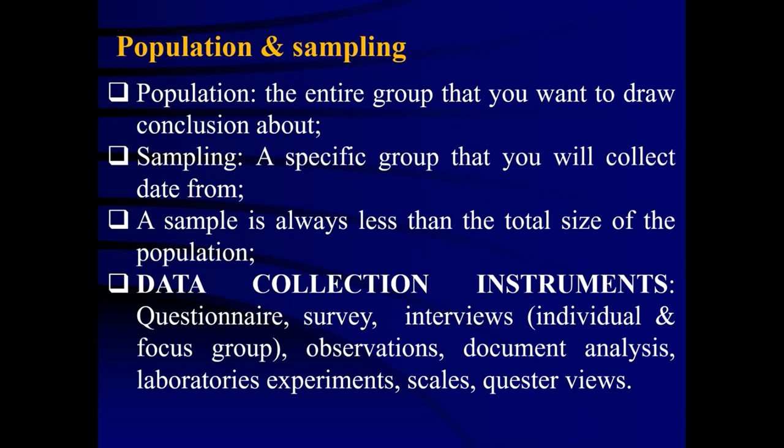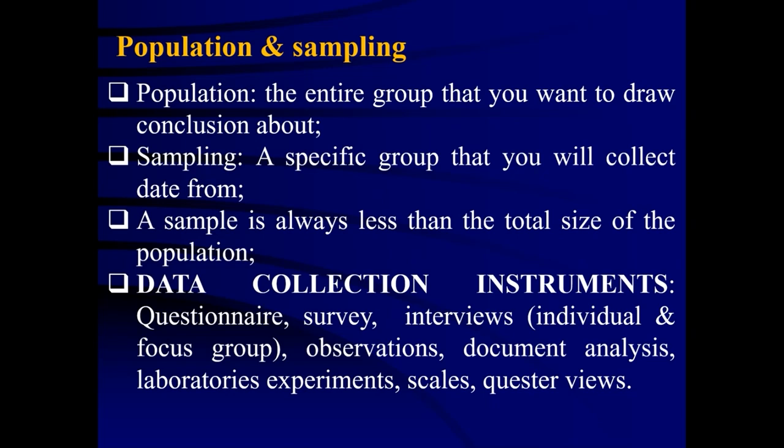And you can also attach the population size. How many teachers constitute your population in that particular district? If you have 200 teachers in District A as your population, you need to give us that population size, to say the population in this study consists of 200 teachers from this circuit or from this district. So that has to be clear.